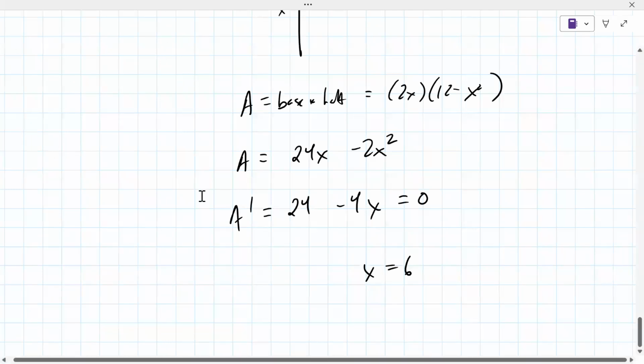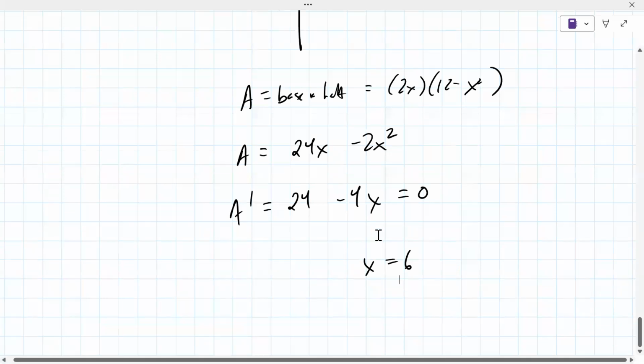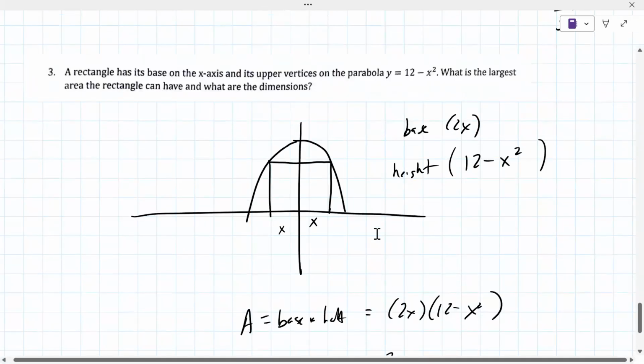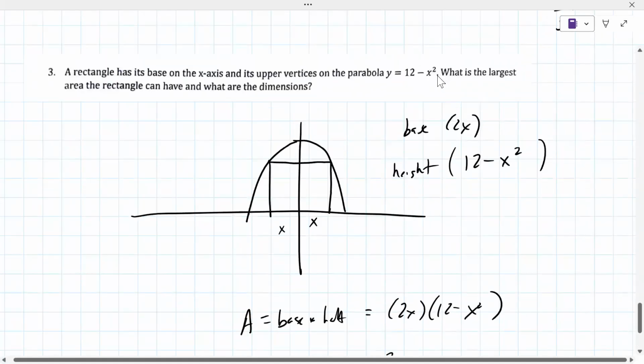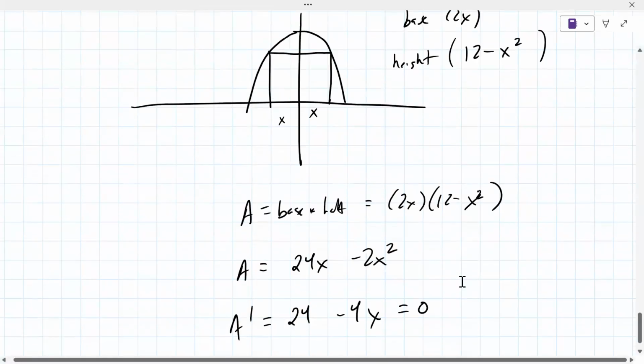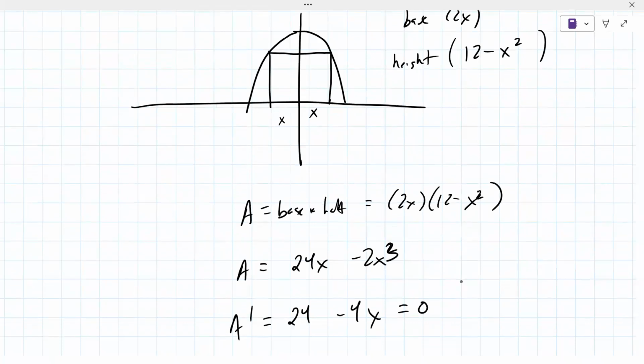So that's x. Well, that doesn't seem right. Yeah, that isn't right. 12 minus 6 squared is a negative number. Did I miss, yeah, I missed something. That's one reason why I'm not feeling well, missing stuff like that.